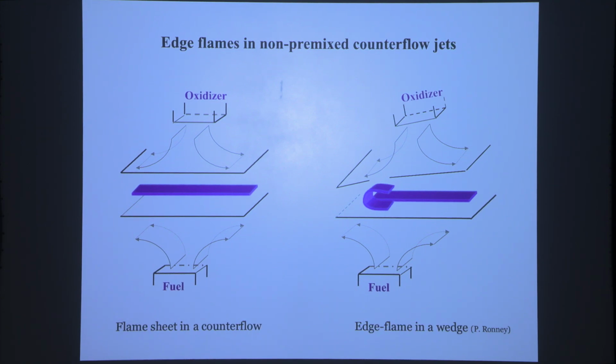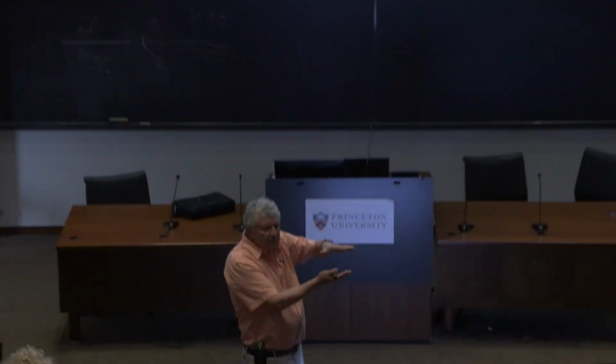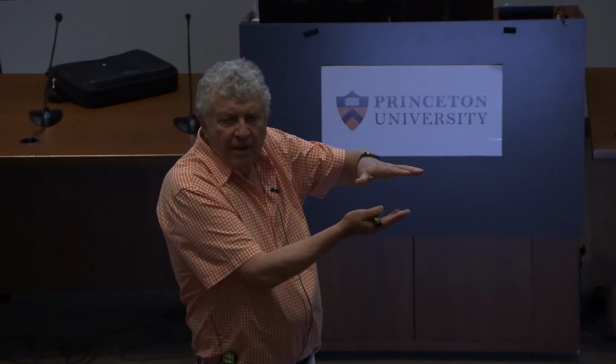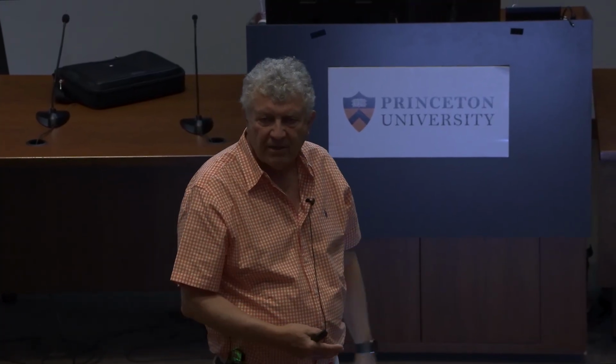Experimentally, this kind of observation was done, for example, in a counterflow. Again, this extends all the way to infinity, so it will not have an edge. But what was done by Paul Ronney at USC, he said, well, I'm going to have one of the two burners slanted a little bit, so they are not symmetric.